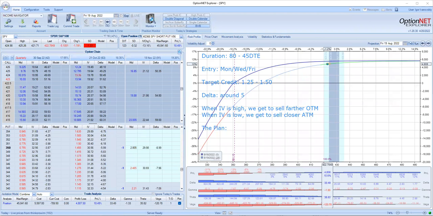Hang on one second. I'm going to take a look at selling the same put in October 21st, and the requirement for this trade is going to be much lower. The 345 in October.